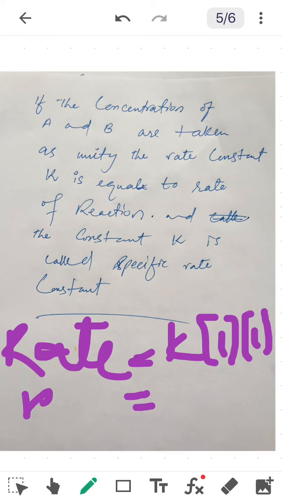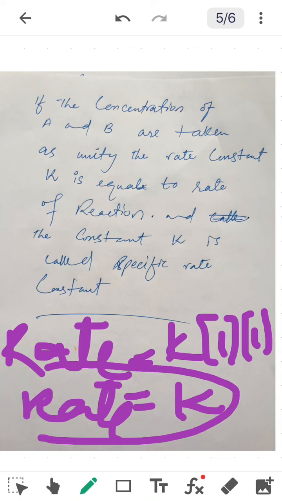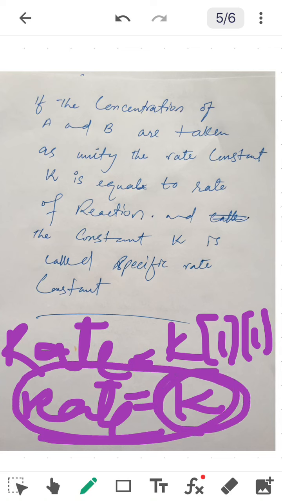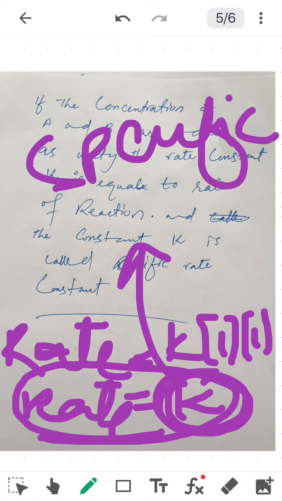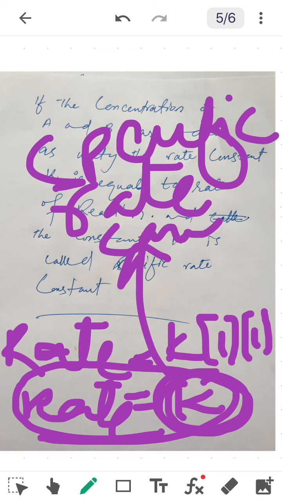So the rate becomes equal to the rate constant. So this rate constant is now called the specific rate constant.